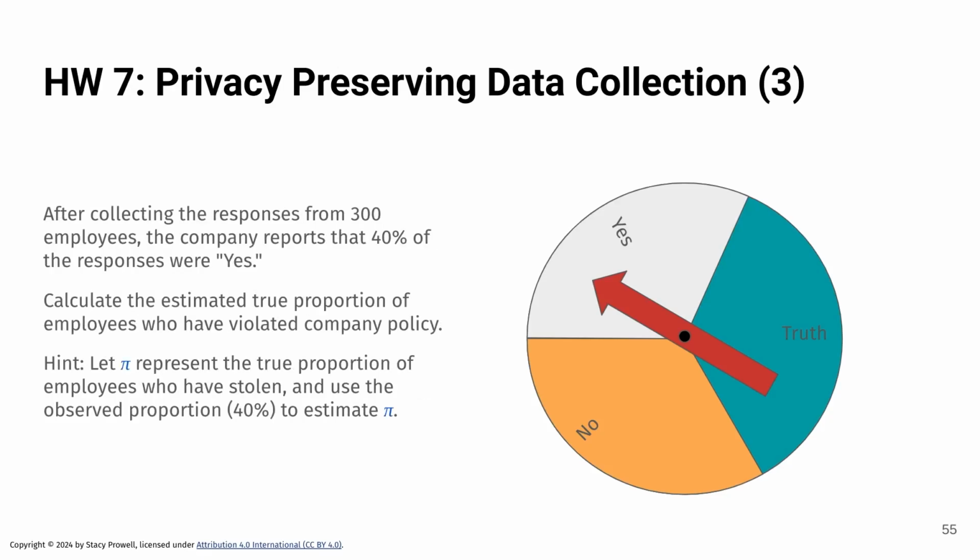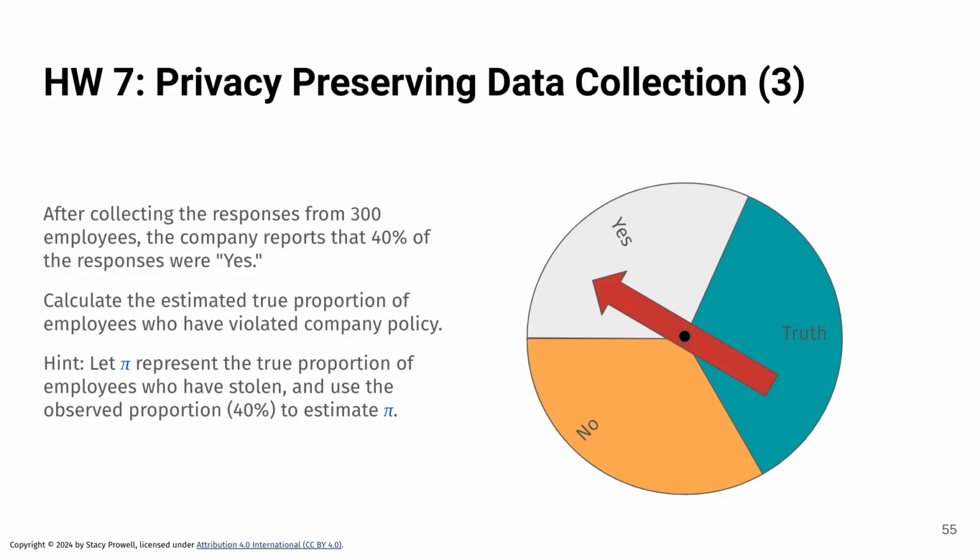So after we collect responses from 300 employees, the company reports that 40% of the responses were yes. So purely randomly, let's assume no one has stolen and that the spins are all purely random. About 1/3 of the time, I would land on yes.